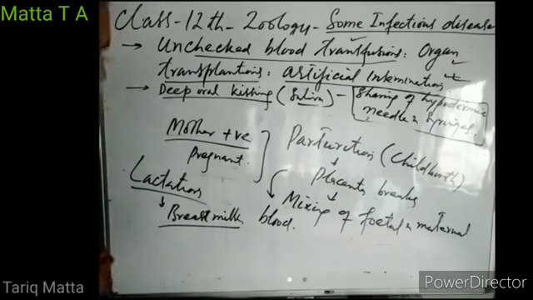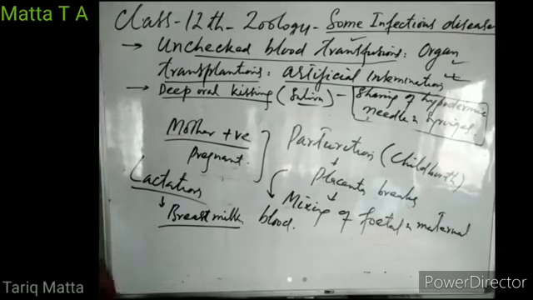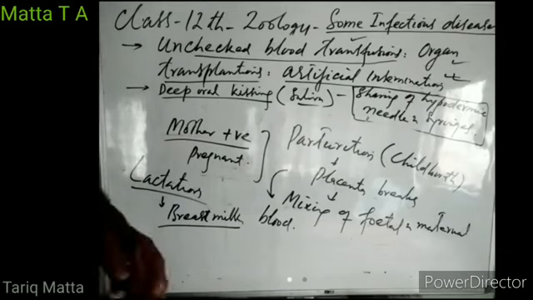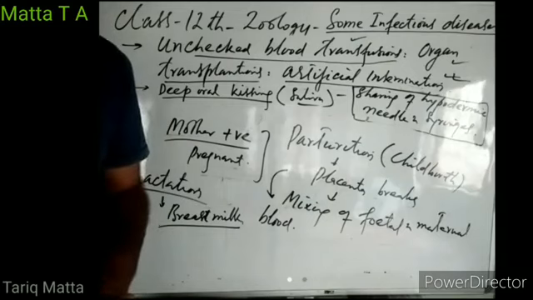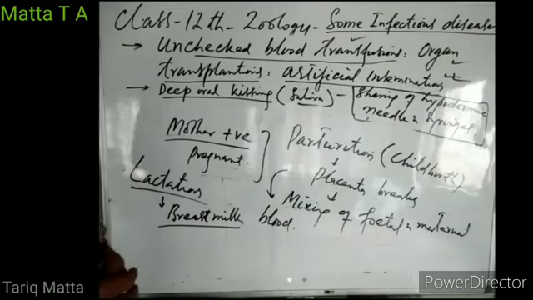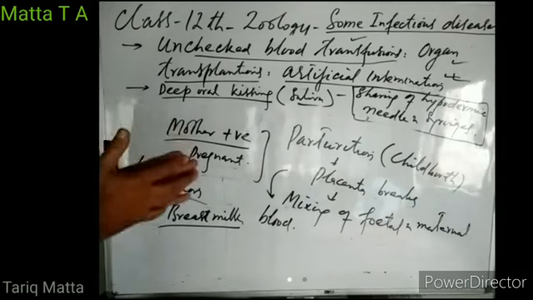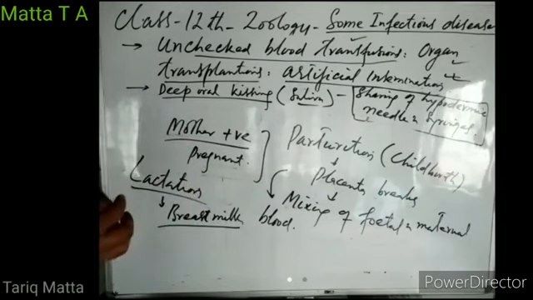So at the time of lactation, when the mother is giving milk to her infant, unknowingly she is also giving these viruses to her infant, right? So this is how this virus spreads from an infected person to an uninfected person. This is its mode of infection, right?